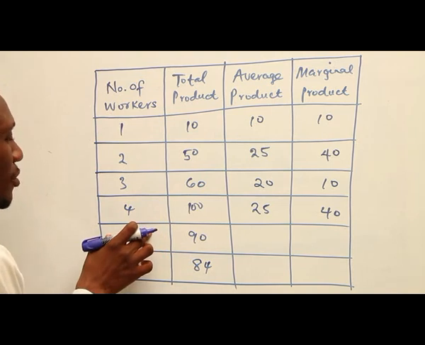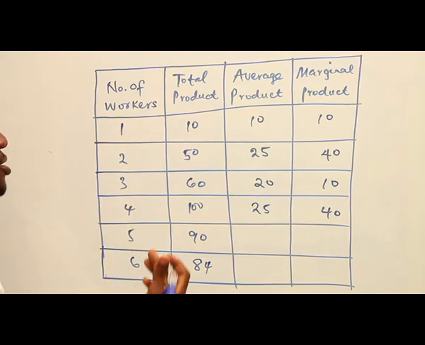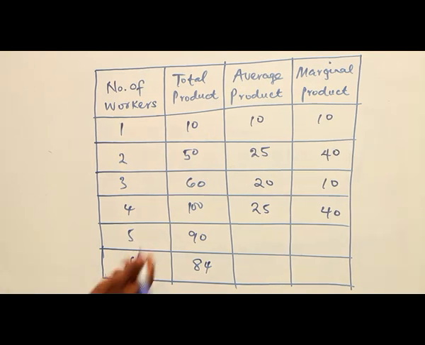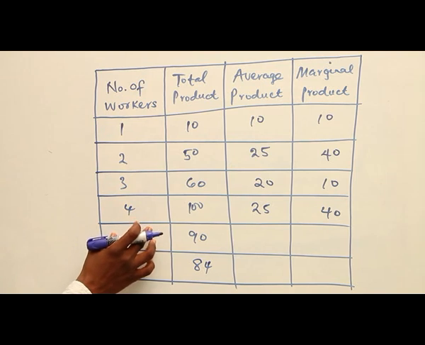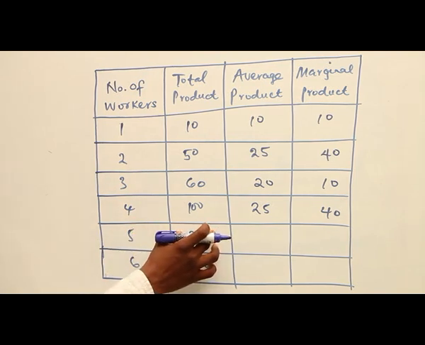But now that there are 5, you'll be expecting the total product to increase. But we have a decrease in the total product for one reason or the other. We cannot explain it here until we get to the next level. So, when 5 workers were used towards production of a good, 90 happens to be the total product.